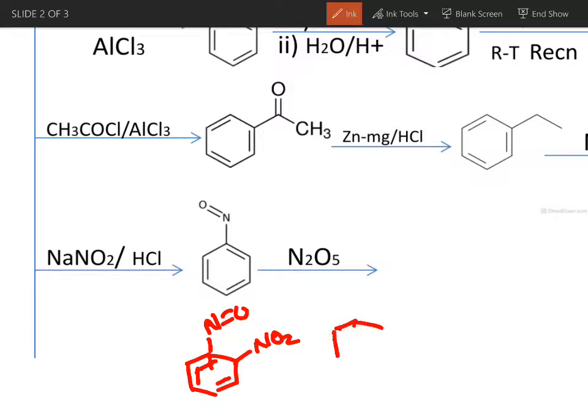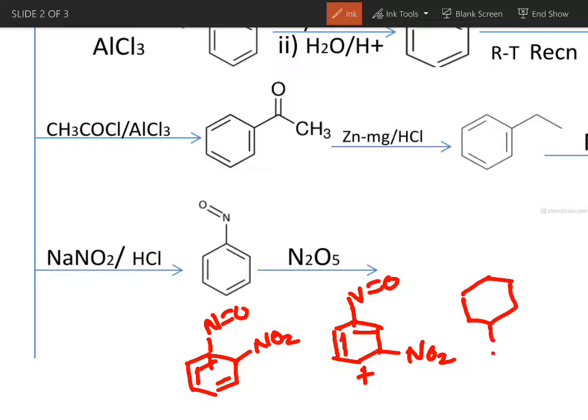If this NO2 is attached at the meta position, the positive charge will be formed at this position. These two will remain as they are. Similarly, if NO2 attaches at the para position, positive charge will develop on this carbon. This remains as it is. Now these positive charges are stabilized by the double bond in all the cases.